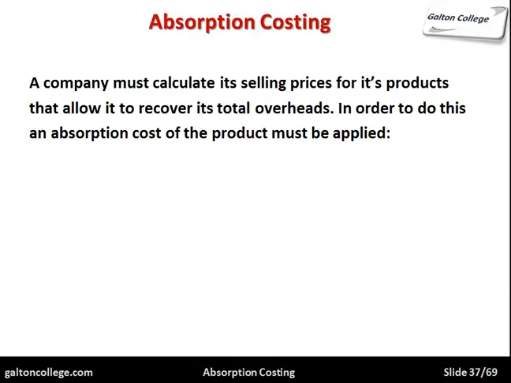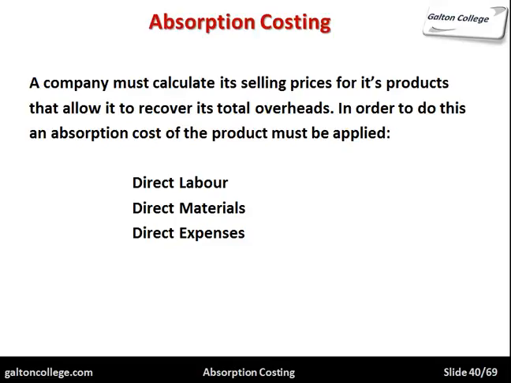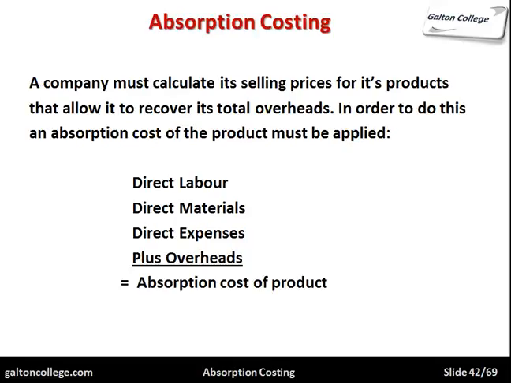In order to do this, an absorption cost of the product must be applied. And this, for example, could relate to direct labour, direct materials, direct expenses, plus the overheads. And that's the absorption cost of the product.